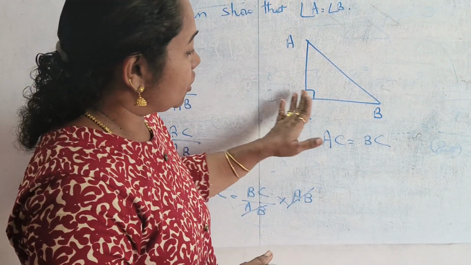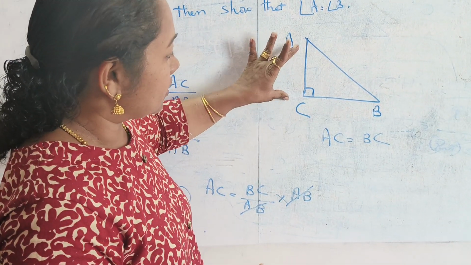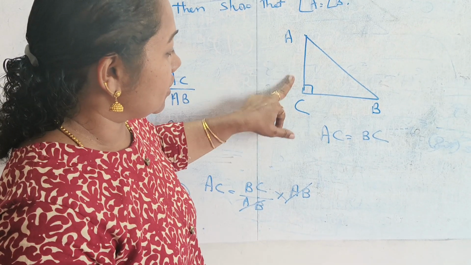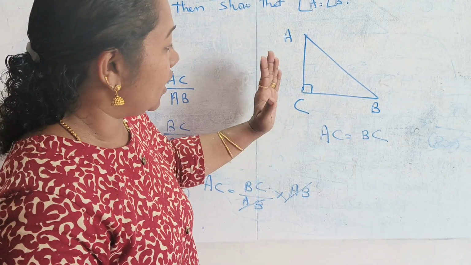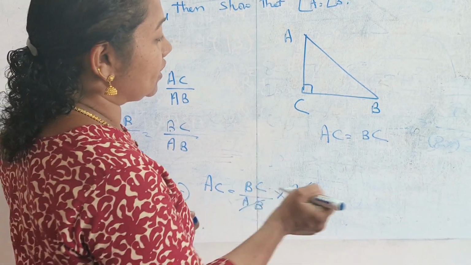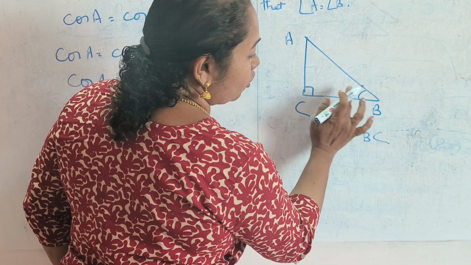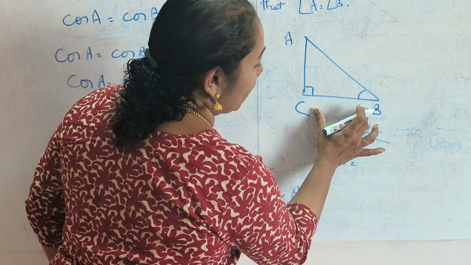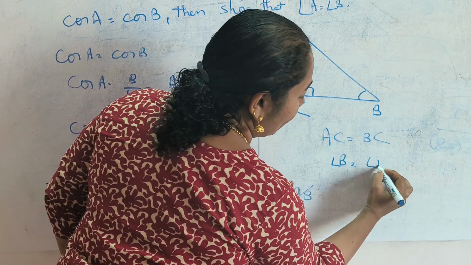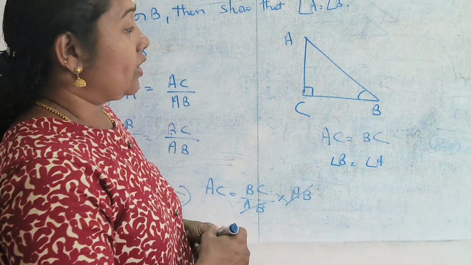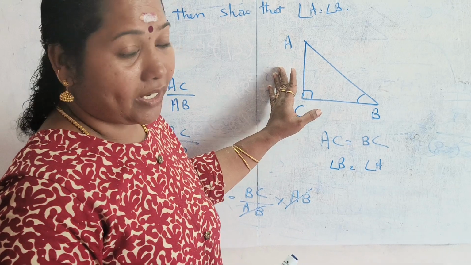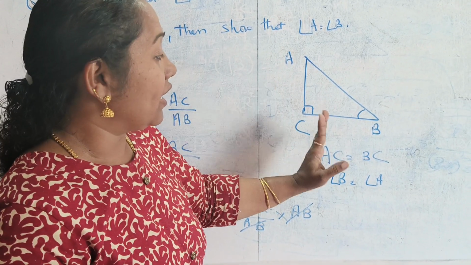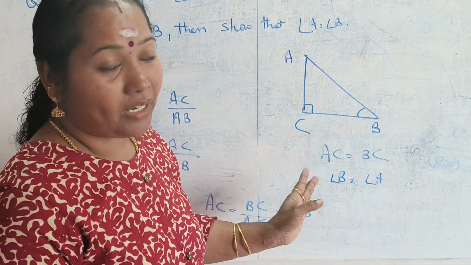Since AC is equal to BC, the angle opposite to AC is angle B, and the angle opposite to BC is angle A. We have learned the theorem that if two sides are equal, then the angles opposite to equal sides are equal.